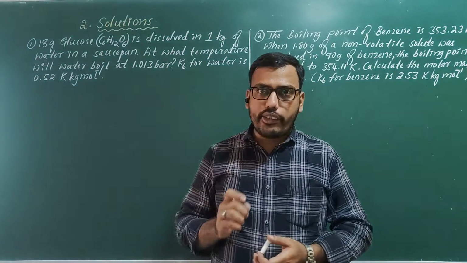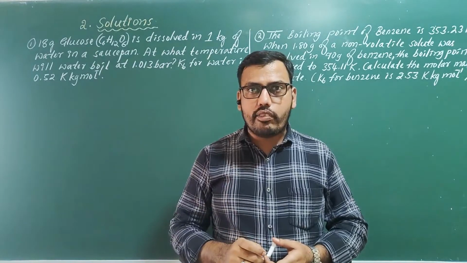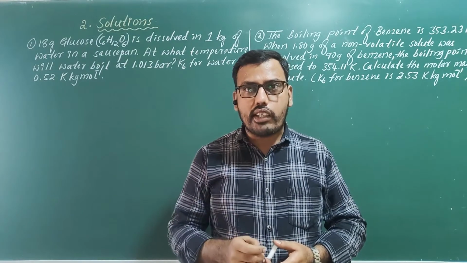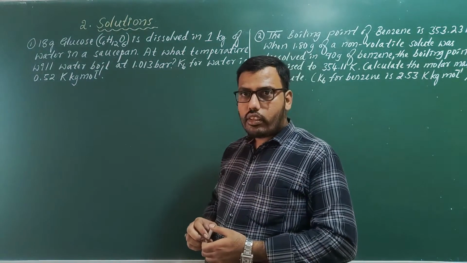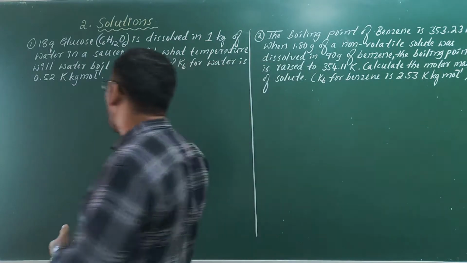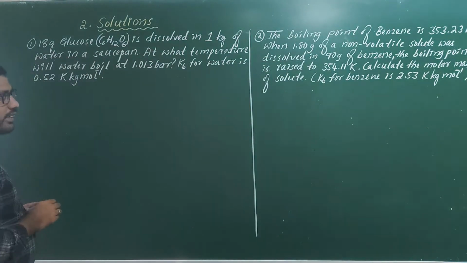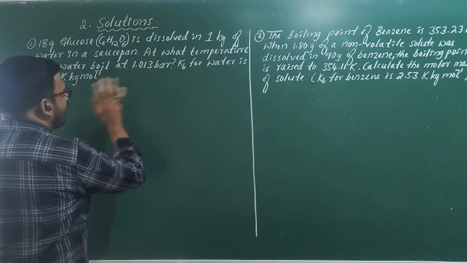So dear students, soon after reading the problem, you should be able to know what has been asked in this problem. You will come to know that the question is, at what temperature will water boil at a particular bar.